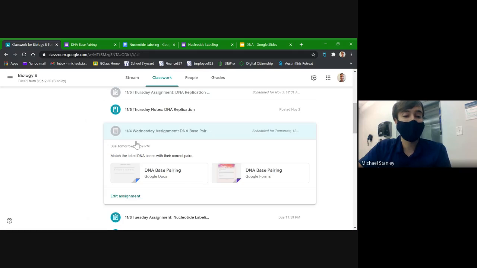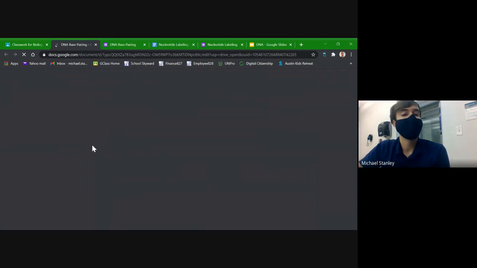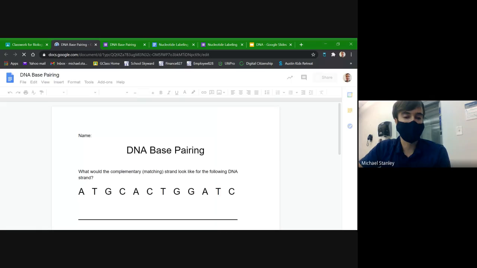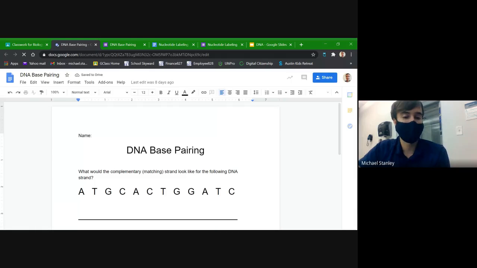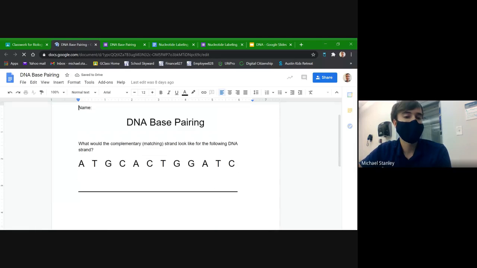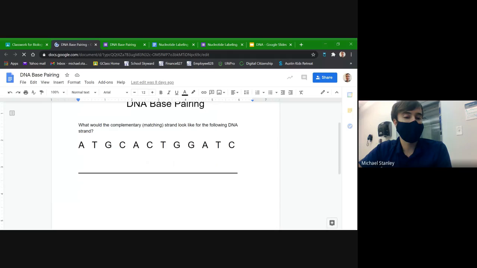This one might be a little bit easier on the Google Docs version, just because I was able to spread things out and make the letters bigger, but it's the exact same strand, ATGCAC, TGG, ATC. I want you to tell me what the matching strand of this DNA sequence would look like.